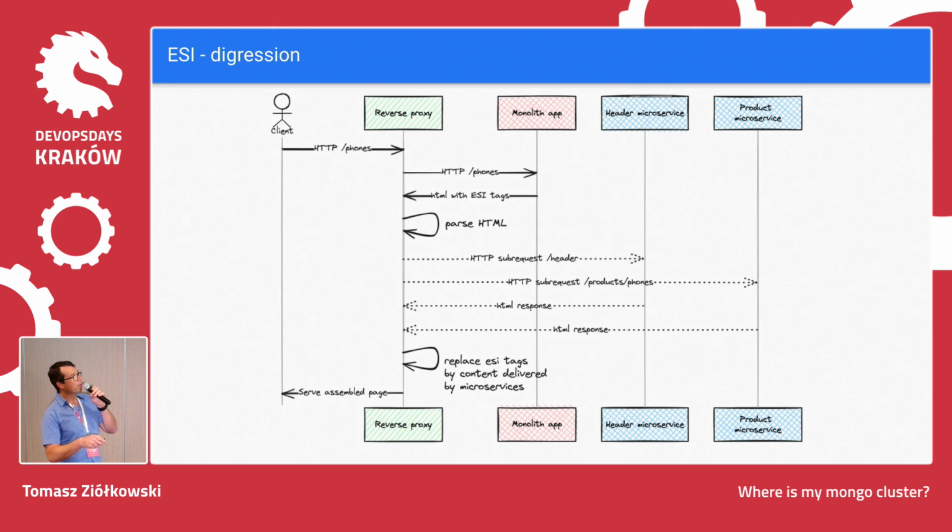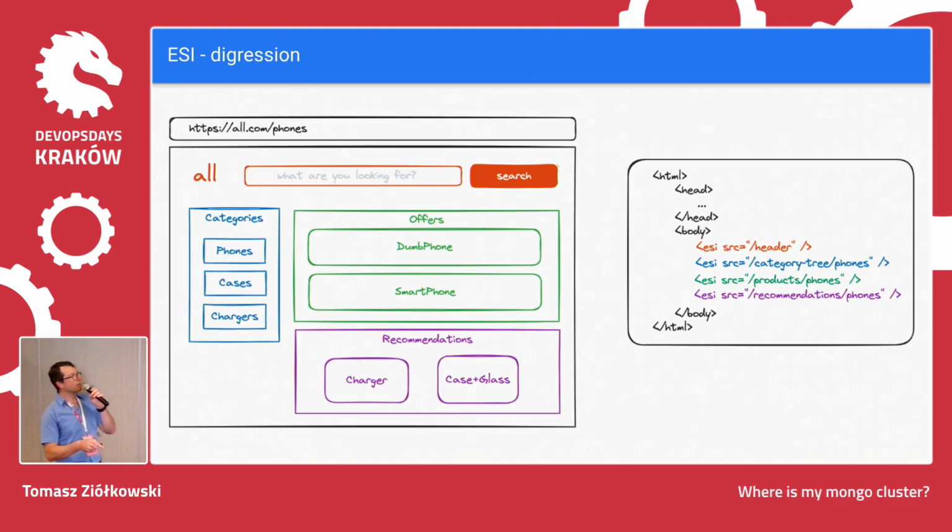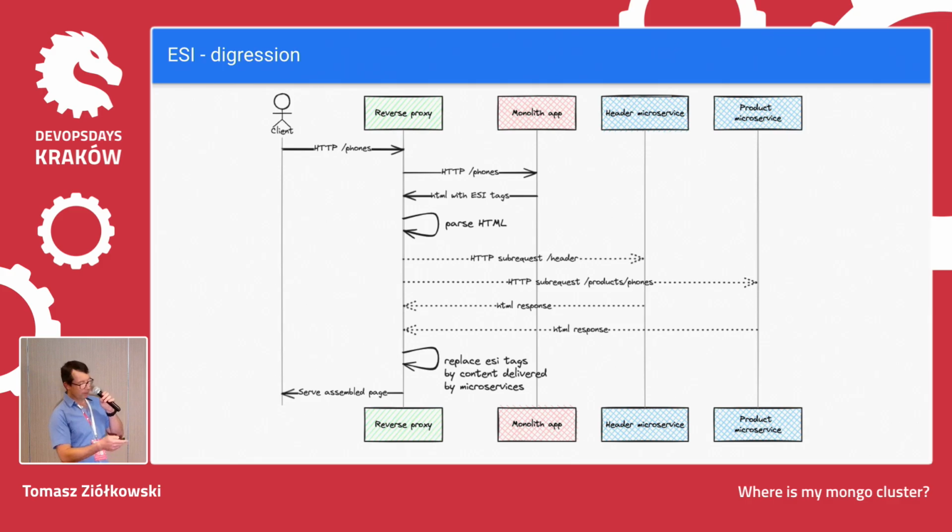It parses the content returned by the monolithic app, generates sub-requests to the URLs pointed to in these markups, and later replaces the original markups with the content returned by the responses generated by microservices.